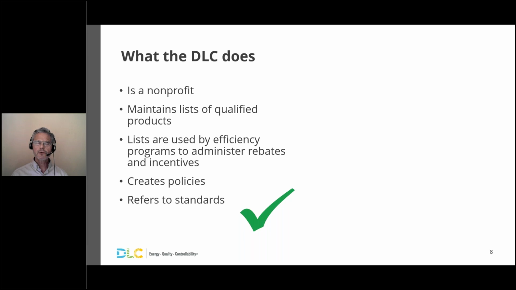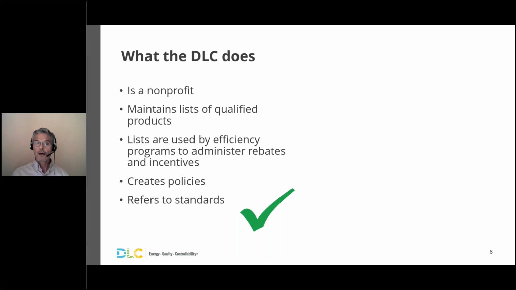I assume that most people listening are familiar with the DLC, but here's a quick refresher. The DLC is a nonprofit organization that maintains lists of qualified LED lighting and network lighting control products. These lists are used by many energy efficiency programs across North America to administer rebates and incentives.